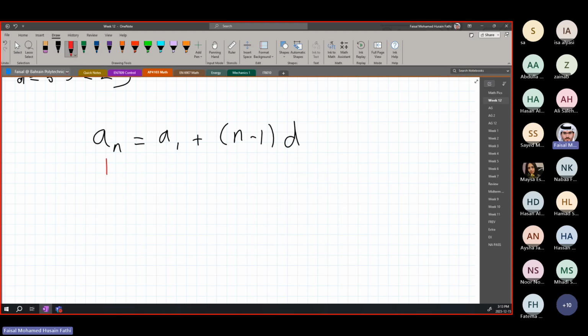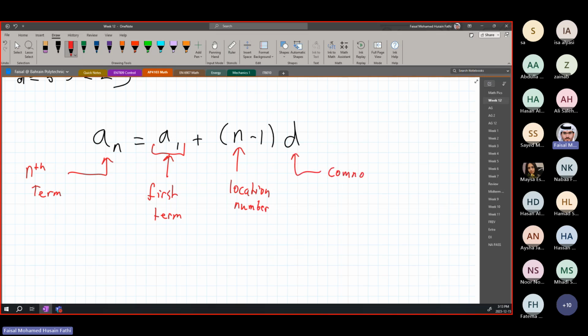Now, an, this is what they call the nth term, which I will talk about a bit more in a bit. a1, this is your first term. n is the location or location number, and I'll explain what I mean by that. And then d is the common difference that I explained earlier. Okay, so this is the most important equation you need to know for this entire week.